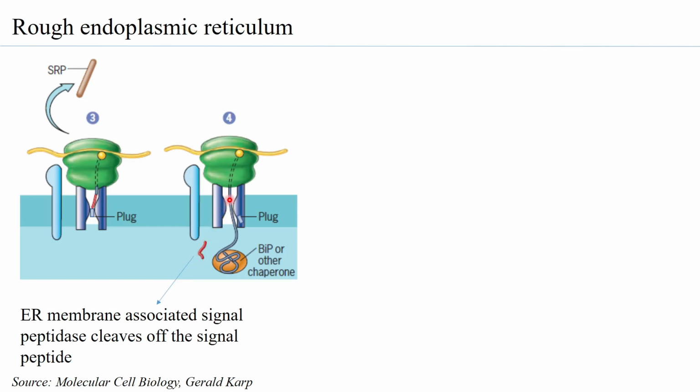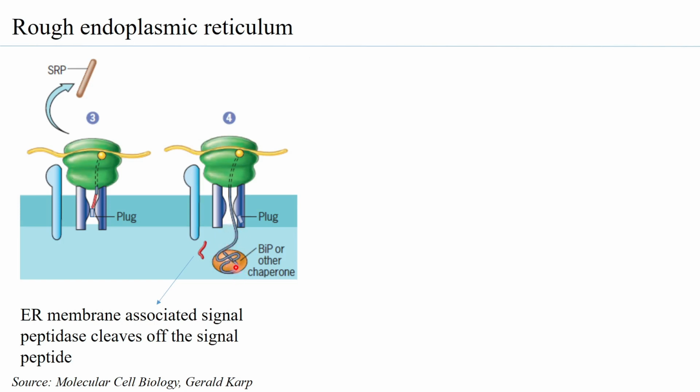To ensure that it binds to the translocon and opens up the pore. Now the protein is being translated, and the protein that is translated is entering the ER lumen.